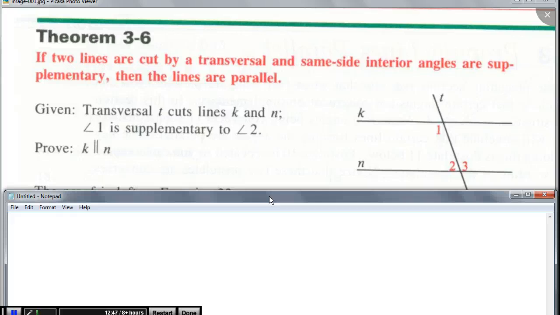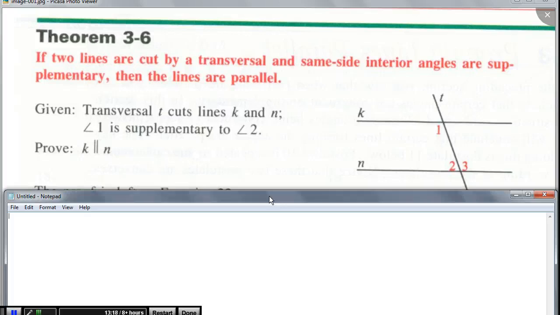How about Amy? The measures of angle 2 and 3 add up to 180. That's one of the steps you need, yeah. But that would not be the key step, because from that step you can't really show that k and n are parallel, can you? Which step do you need to show?